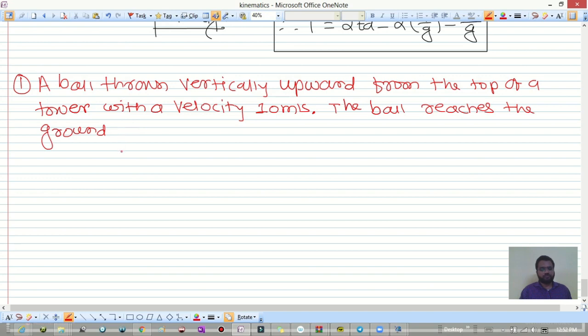The ball reaches the ground with a velocity 30 meter per second. What is the height of the tower?